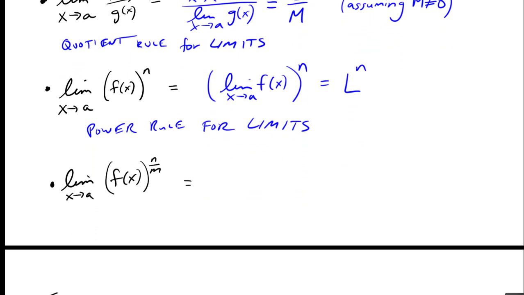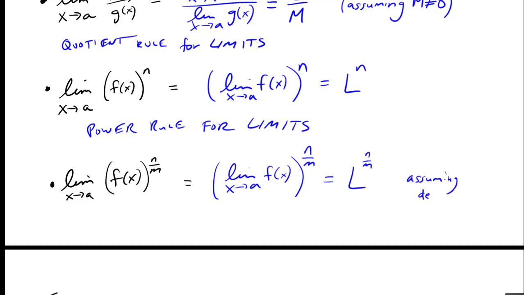Now, we could also do some sort of fractional, some sort of rational power here. And so it could be doing the limit as x approaches a of f of x, and then raising it to the n over m. And I get L to the n over little m. All right, and assuming that quantity is defined.